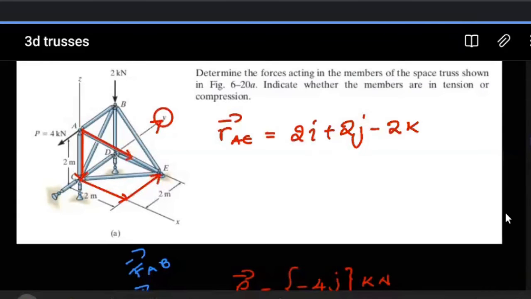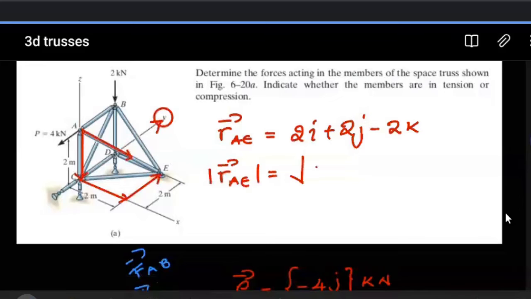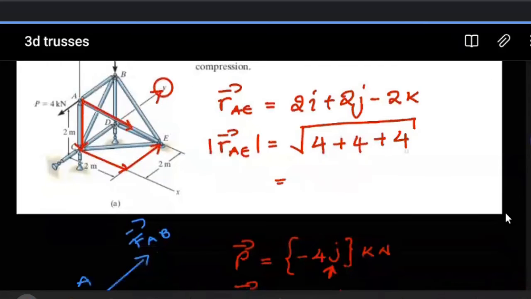Let's get its magnitude. That's literally just the square root of 4 plus 4 plus 4, as in 2 squared plus 2 squared plus negative 2 squared, which is just root 12.